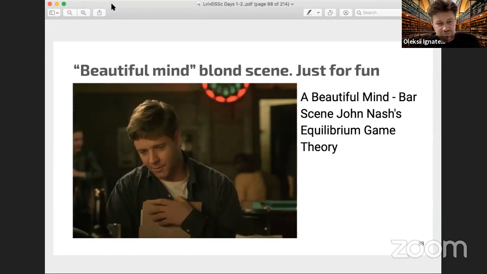The friends of Nash try to plan how to approach the blonde girl, and Nash proposed a solution which the editors and scenario makers of this film should show as how he got to the idea of Nash equilibrium.